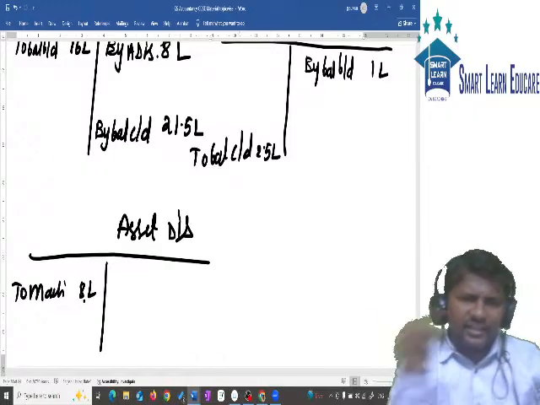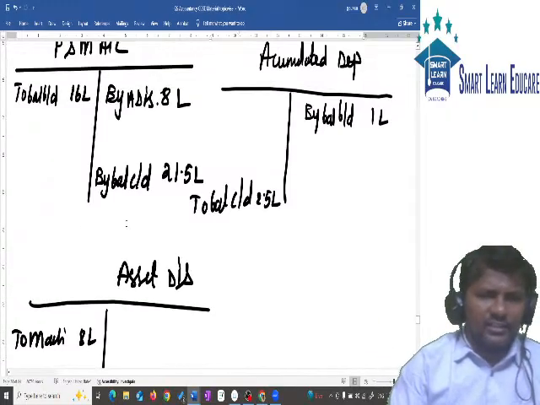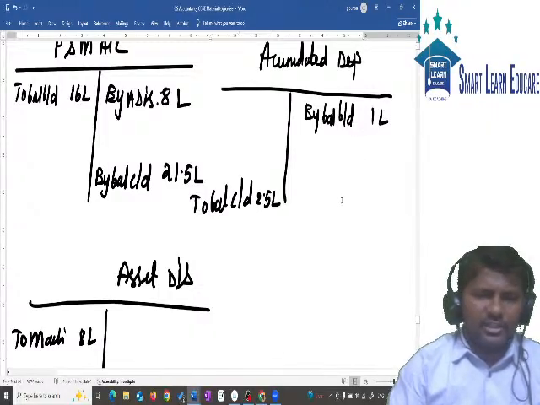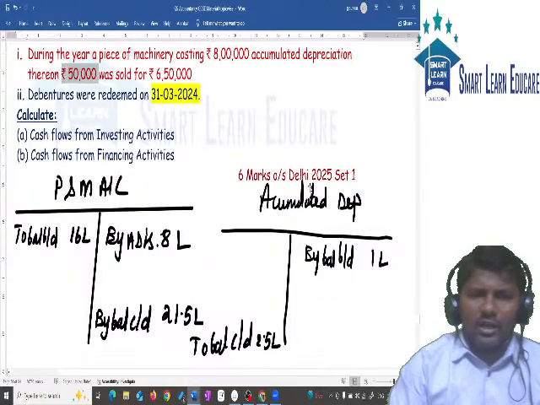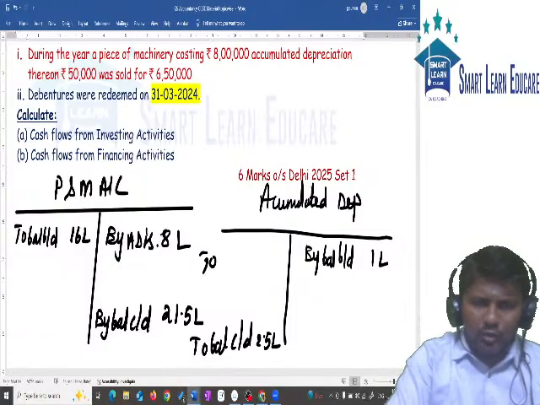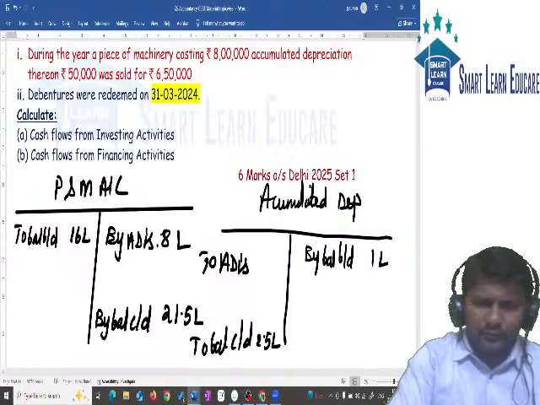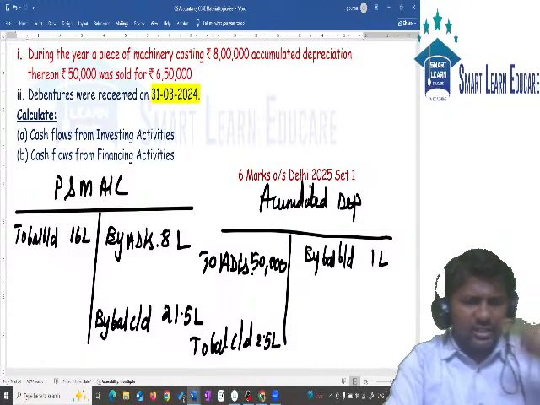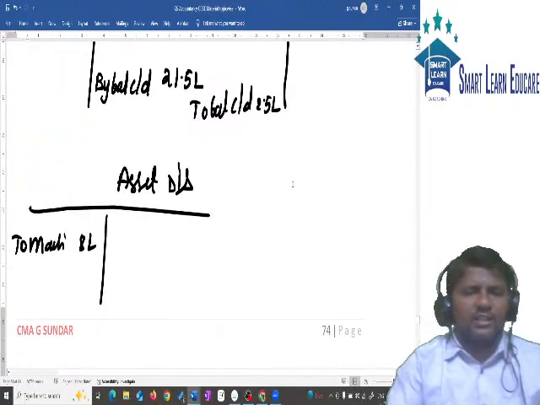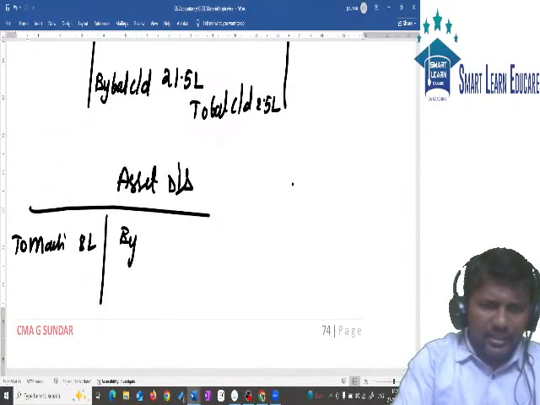There credit side, here debit side. Next, accumulated depreciation. What is the accumulated depreciation on that asset? 50,000. Accumulated depreciation to asset disposal 50,000, debit side. In asset disposal it is credit side, by accumulated depreciation.